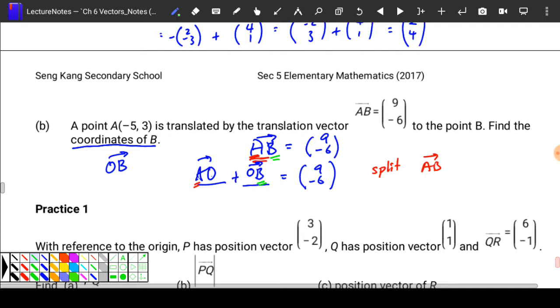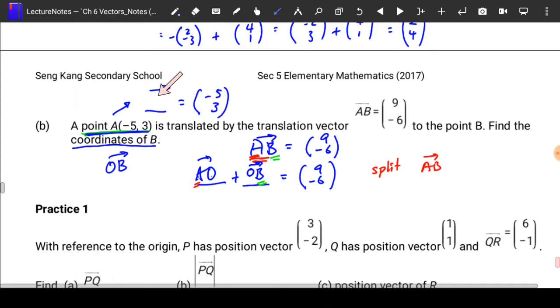What is AO? -5, 3. If I tell you a point A is -5, 3, can you translate this into a vector and tell me what do I write in this space here?